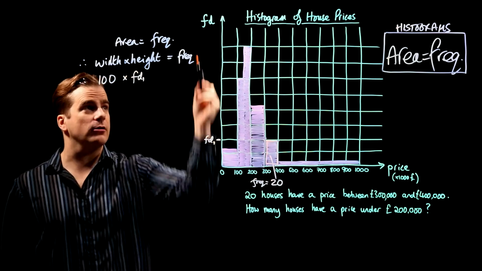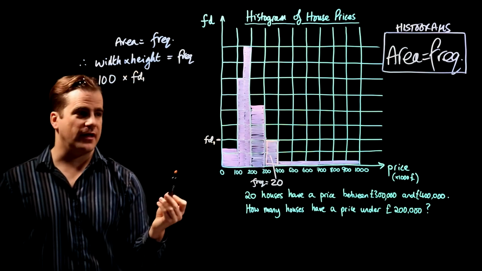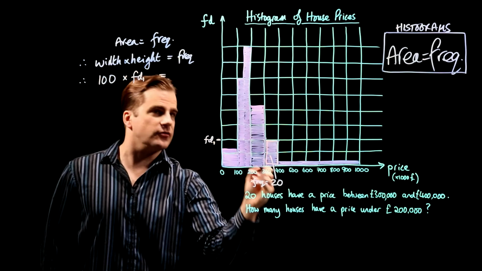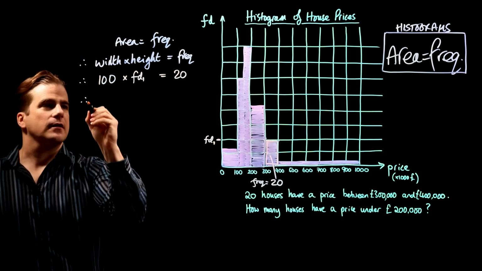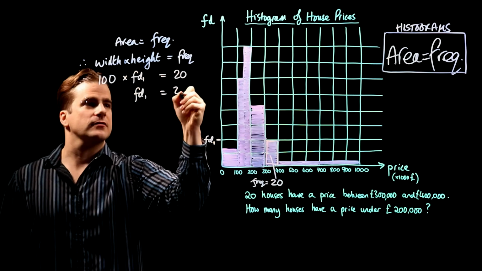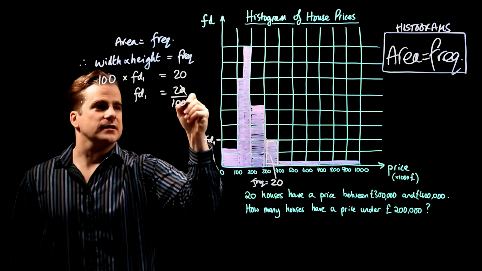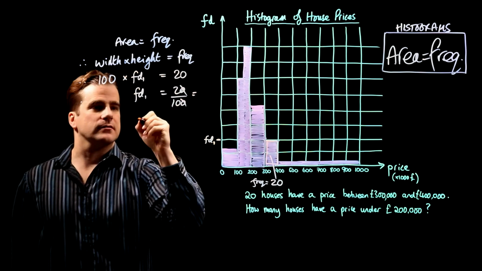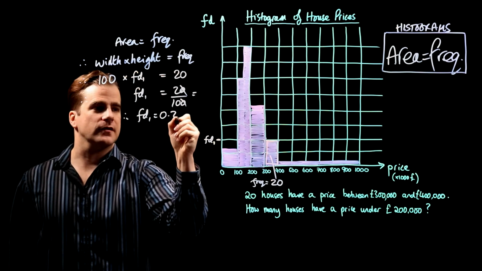So we're trying to work out that value there, so we can label these divisions with their values. Equals, the frequency is 20. Bring the 100 down there. Therefore, FD1 is 20 over 100, which is 2 over 10, so FD1 equals 0.2.